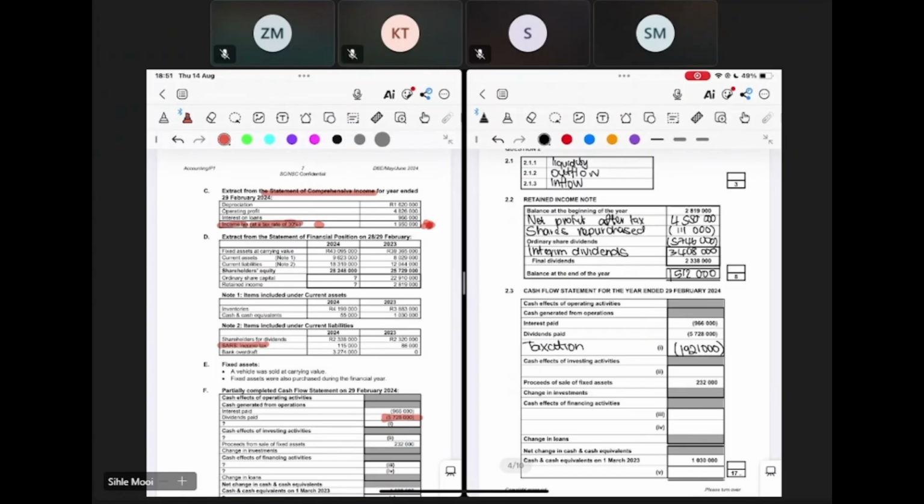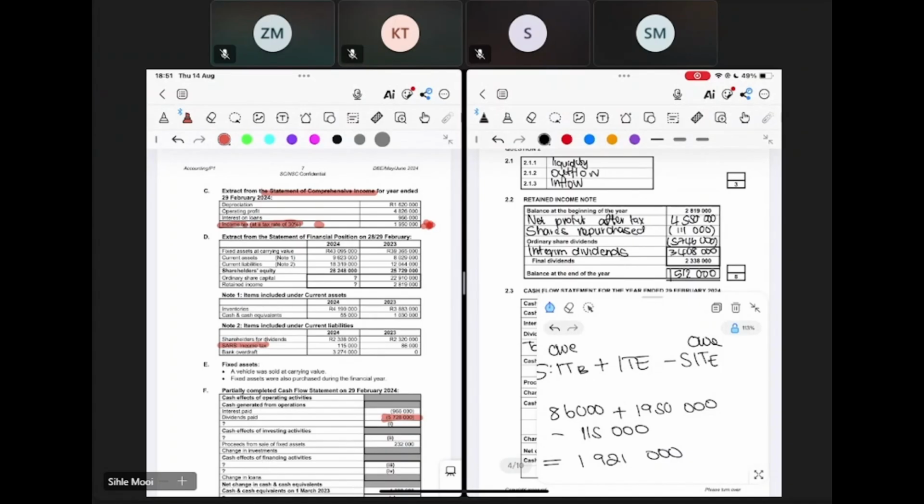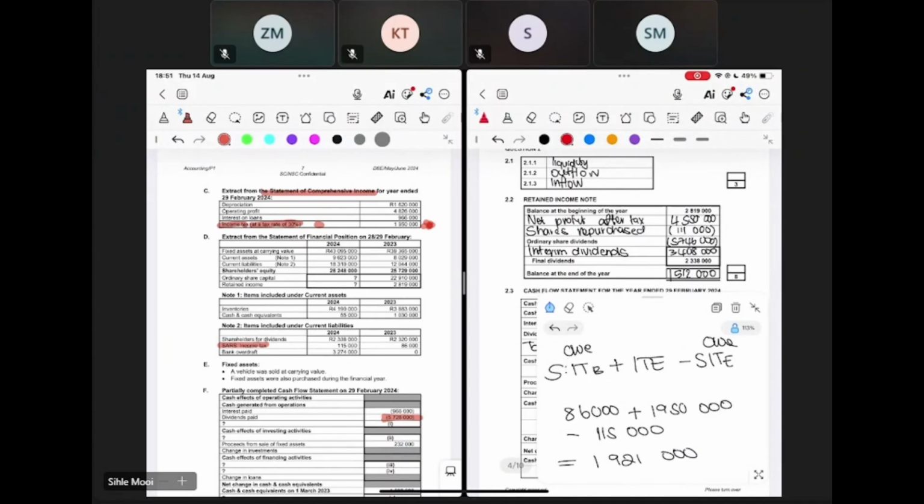Now it's important that you know this formula is like this only when you owe SARS. If you didn't owe SARS, then you would minus your SARS income tax at the beginning of the year if it's a refund, and then you add your income tax expense for the year, and then you also add your SARS income tax at the end of the year if it is a refund.